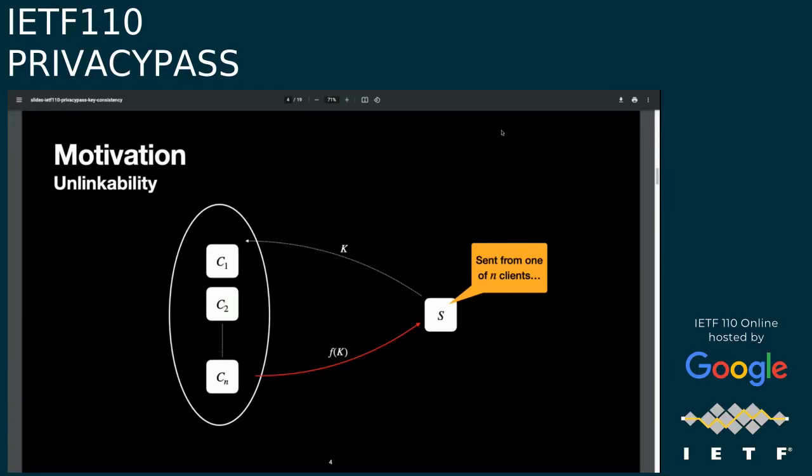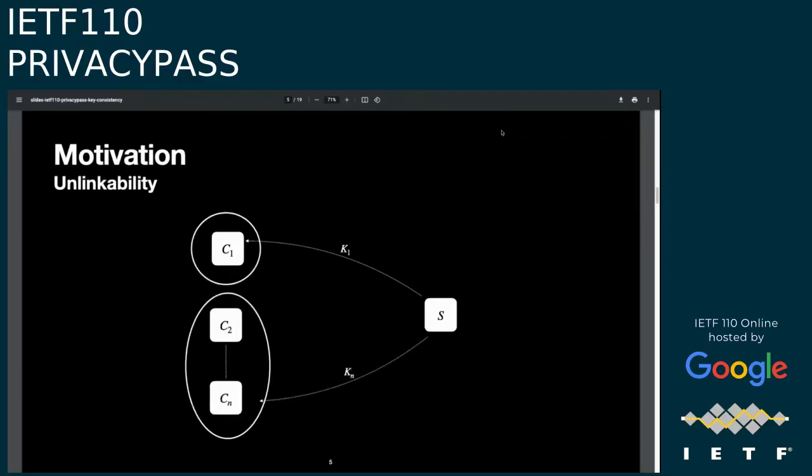If the server doesn't have any other linking information, like assuming it doesn't have IP addresses or whatever, perhaps a tall order, but bear with me, the server concludes that the key was just used by one of the n clients in this set. And that's the unlinkability property that we want.